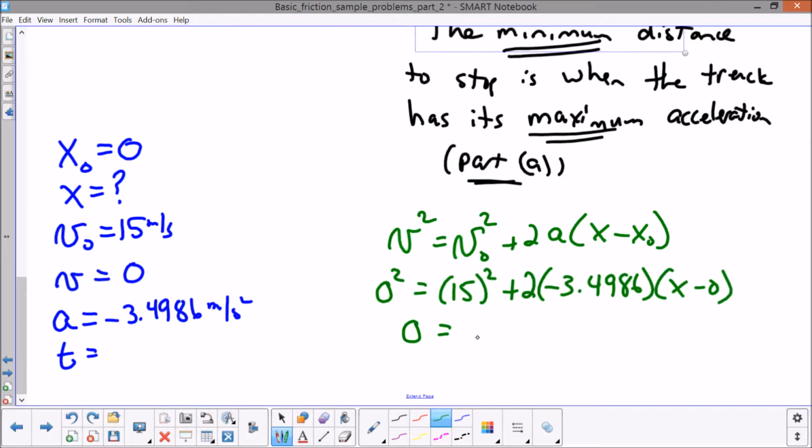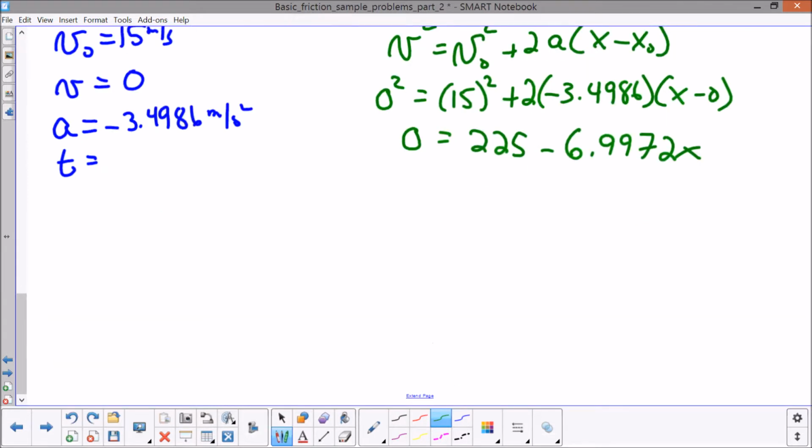So we have 0 equals 225 minus 6.9972x, and we get that the minimum distance to stop is going to be 32.1557 meters.